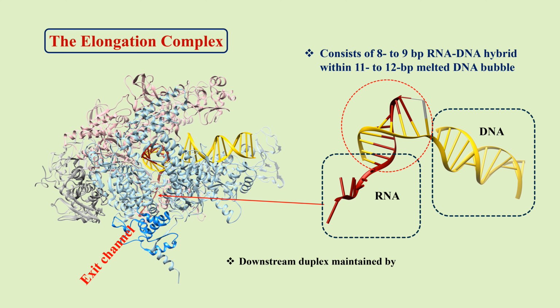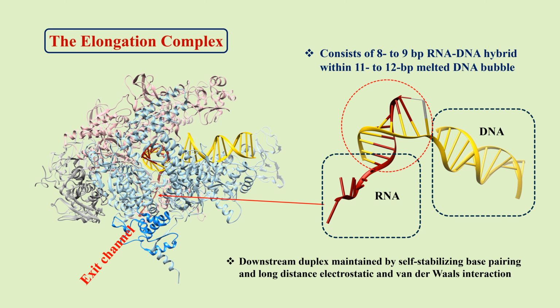The duplex conformation downstream is maintained by self-stabilizing base pairing as well as long-distance electrostatic and van der Waals interactions of the DNA with the RNA polymerase.